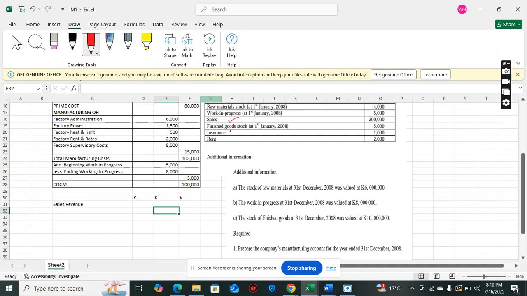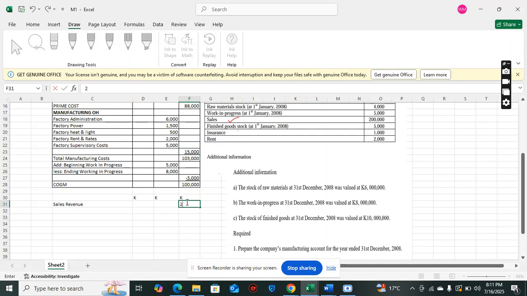Is everybody else able to see the screen? Okay, we can continue.